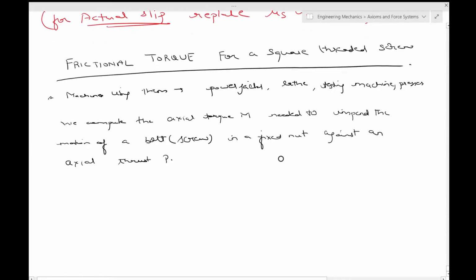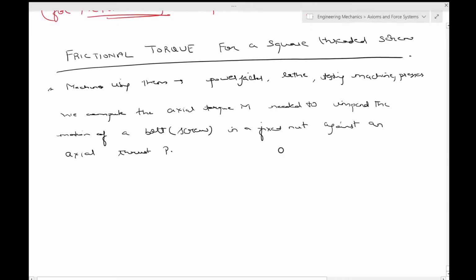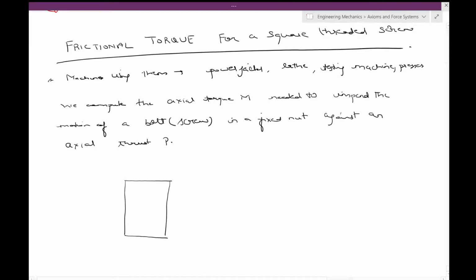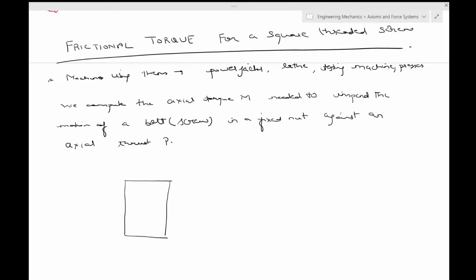Let me draw a diagram over here. So this is the bolt. Now let me just draw the threads on it.